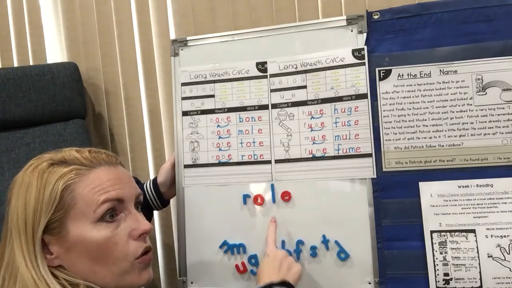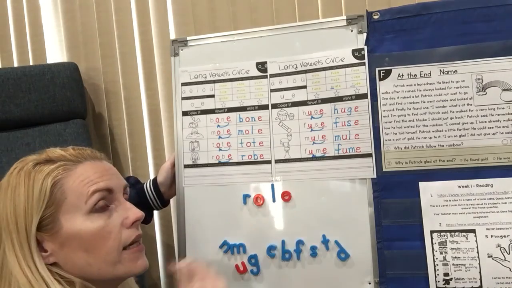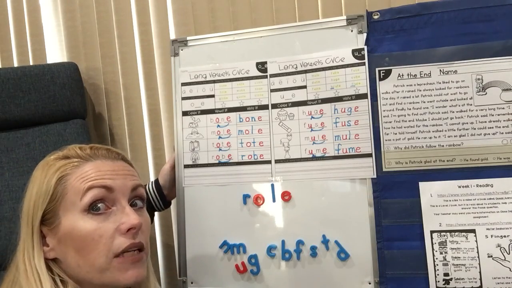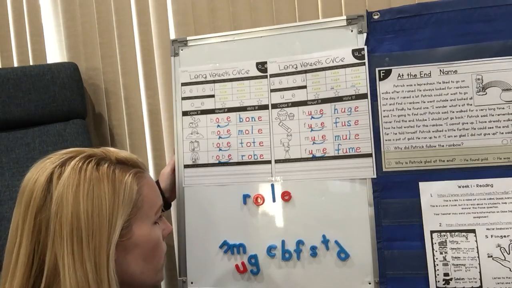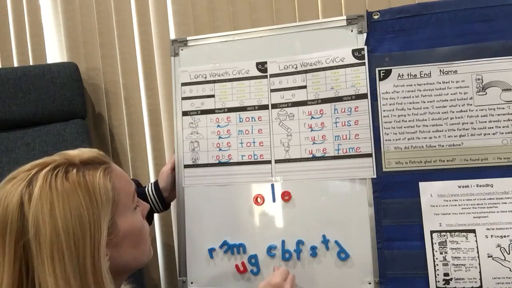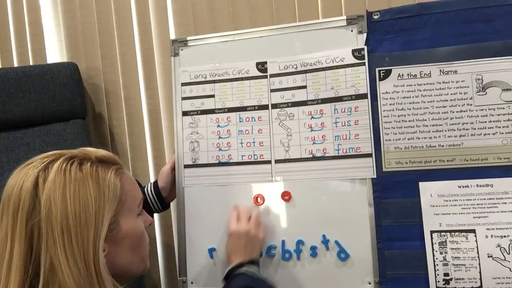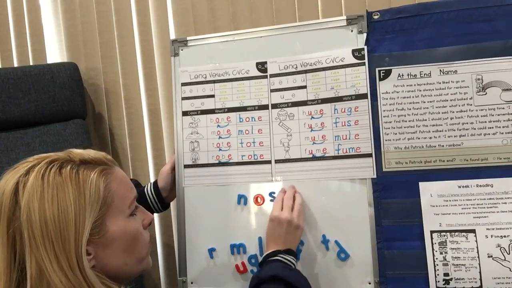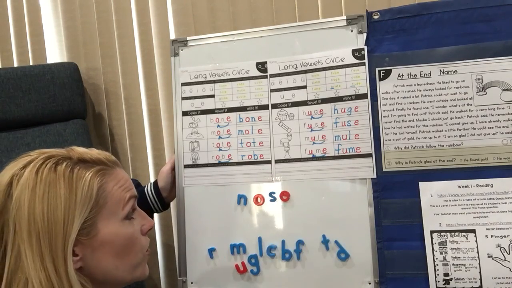And it doesn't mean roll like you're gonna roll down a hill. This is a role like an actor or an actress plays a role in a movie or a TV show. I could do, let's see, take away the L, put up the N. We could do nos and change it to nose.